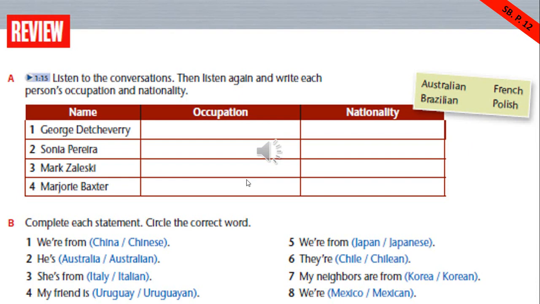Are you from around here? No, I live in Miami, actually. The name is Mark. Mark Zaleski. Hi, Mark. I'm Lila. What do you do? I'm an interpreter. I work for SBT. You're not from Miami originally, though, are you? As a matter of fact, I was born and raised in Warsaw, the capital of Poland. Conversation 4. Is that Marjorie Baxter? Yes, it is. I heard she's the new office assistant. That's right. Is it true she's from Australia? That's what I hear. Now listen again and write each person's occupation and nationality.